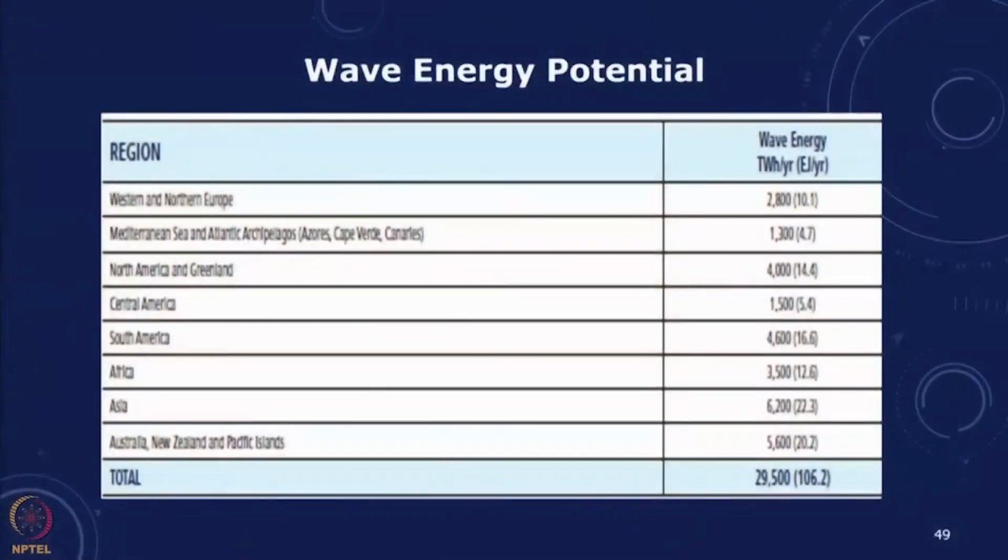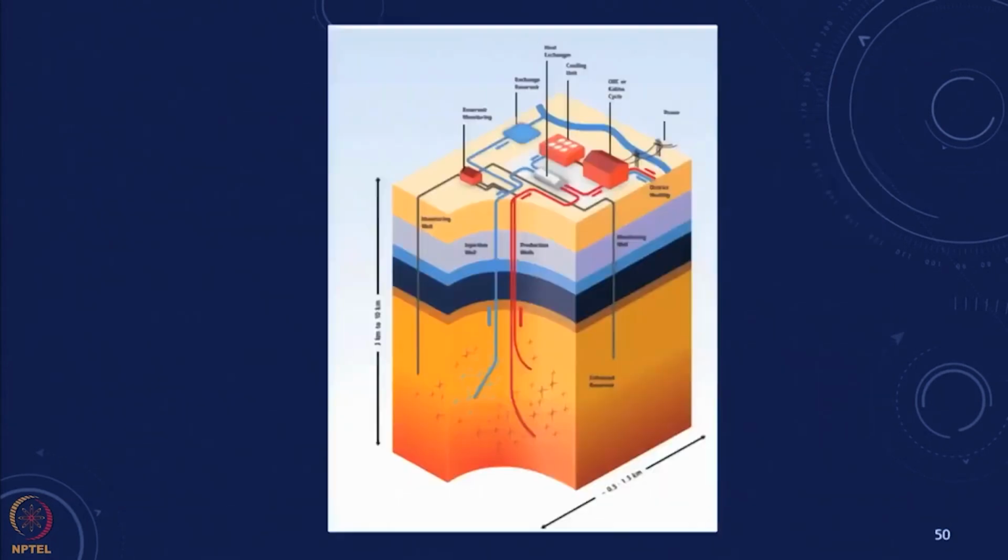So we've looked at tidal, OTEC, and wave. The other source of energy, as we talked about, is geothermal energy. In the case of geothermal, at depth the temperatures are much higher, and when water comes in contact with this, we have essentially hot water or steam coming out.